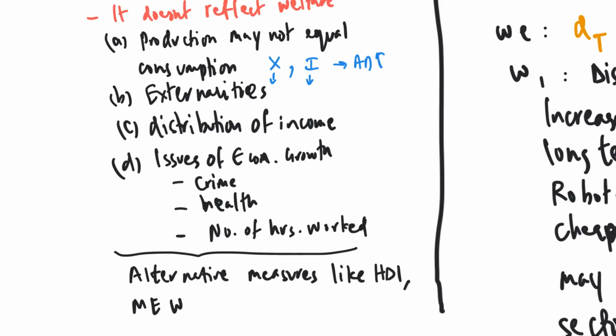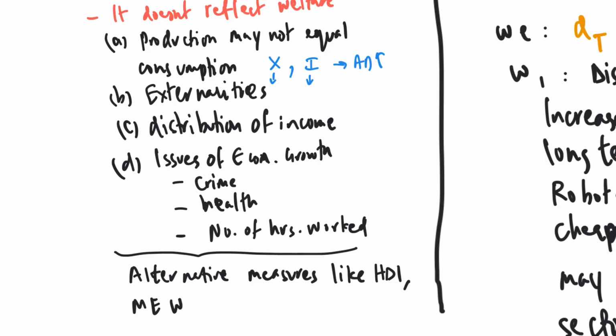Last is just that if there is a high rise in GDP, we cannot necessarily say there will be a rise in standard of living, because economic growth is associated with a higher crime rate because distribution of income becomes unfair, poorer health because of all the stress, and the number of hours people work goes up because of the idea that economic growth requires people to work more.